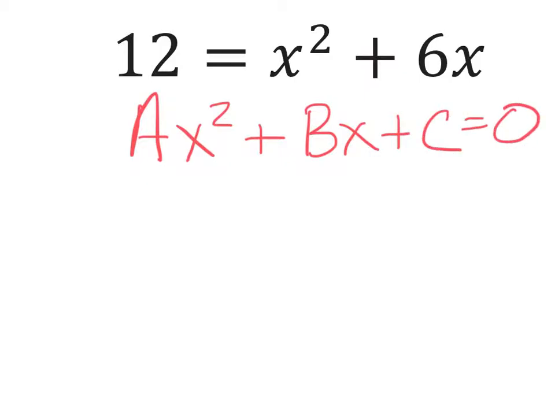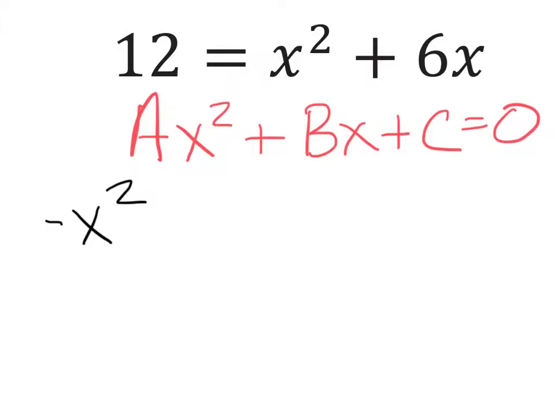If I need it in that form, then what do I need to move first? Move what? X squared, yeah. And I'm going to move it over to the left. If I move it to the left, it becomes what? Negative x squared.